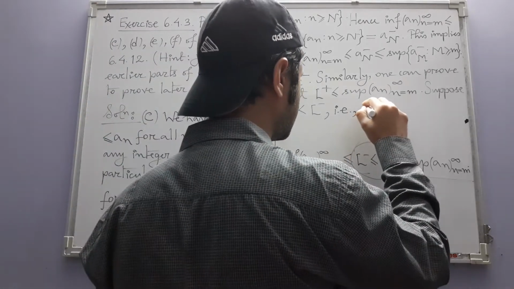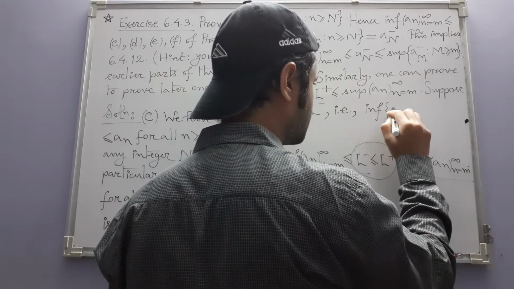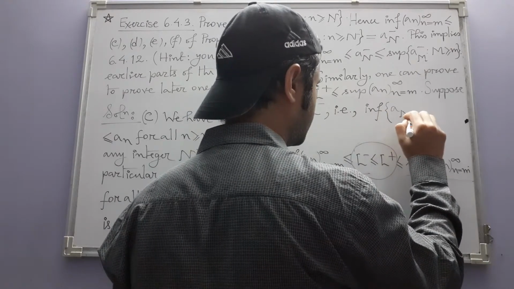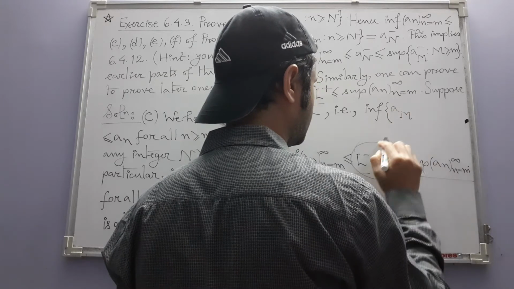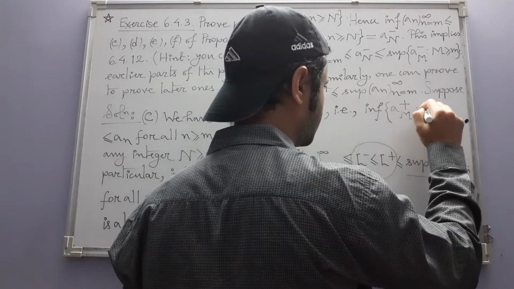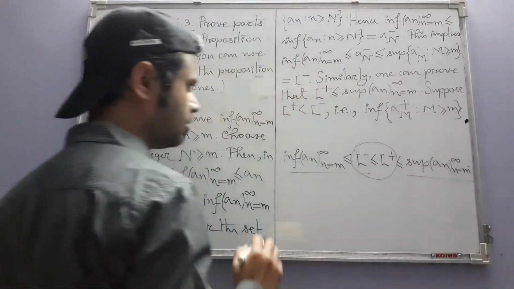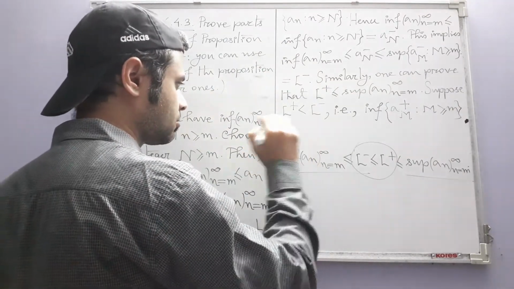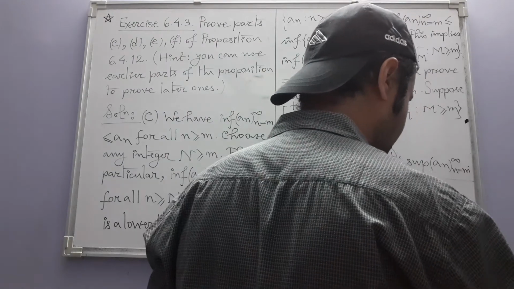Limit superior is the infimum of this set, the set of the suprema of the tails, and the limit inferior we have already seen, it's the supremum of the set of infima.